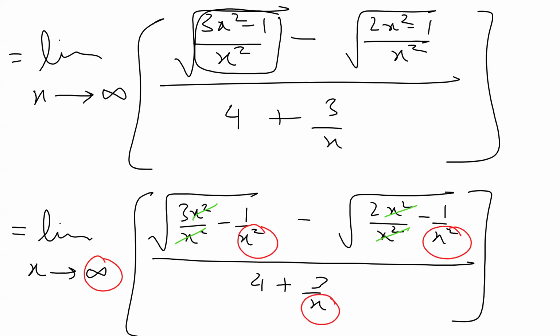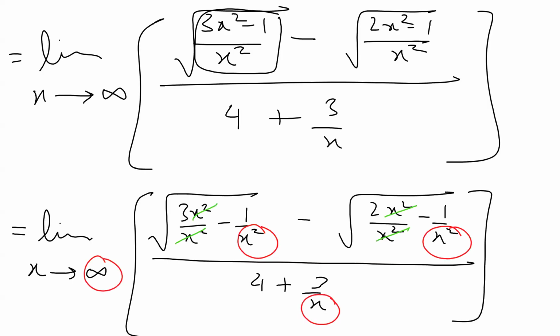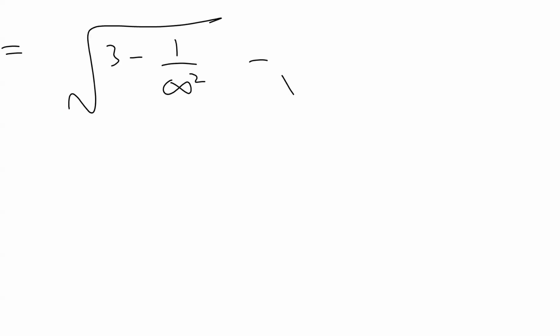Okay. So limit x approaching towards infinity, or rather, we are just putting the value and we need to write a limit. So root of 3 minus 1 upon not defined square, minus root of 2 plus 1 upon not defined square.